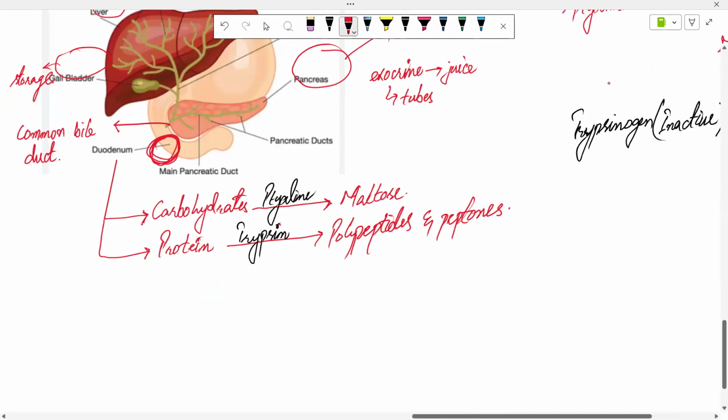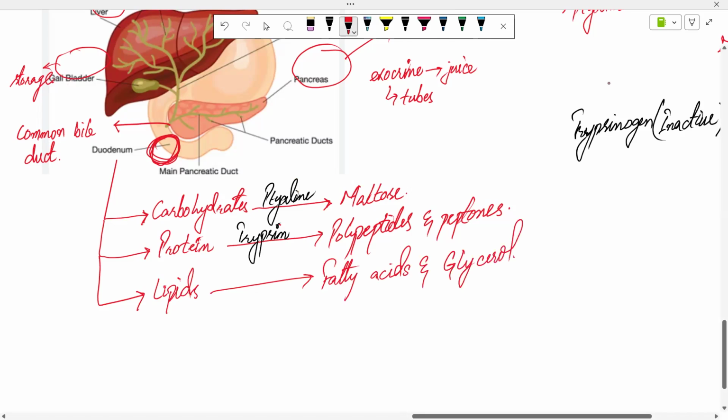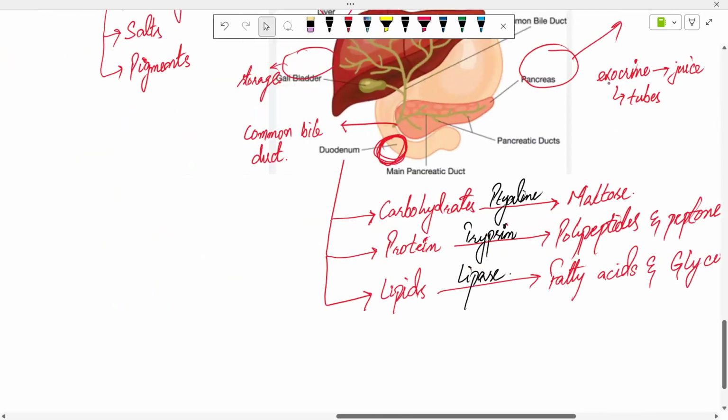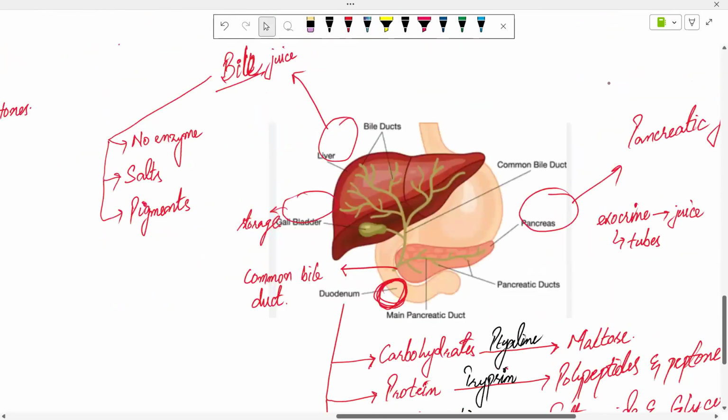And there is another enzyme which is known as lipase. Lipase will digest lipids to fatty acids and glycerol with the help of the enzyme lipase. One important process of the digestion of lipids is emulsification.